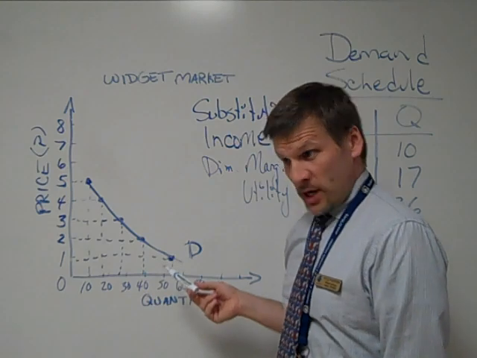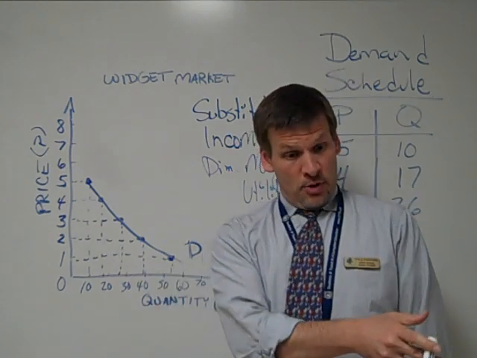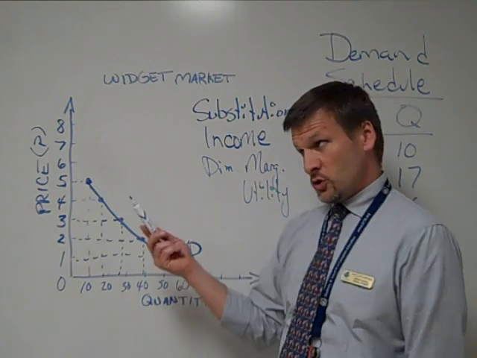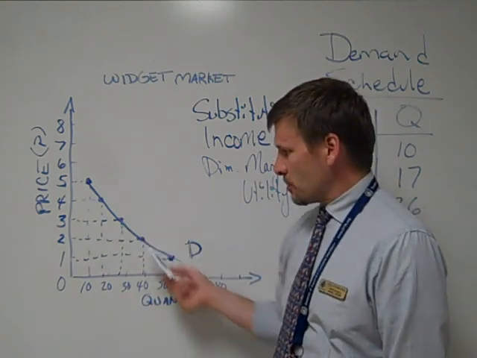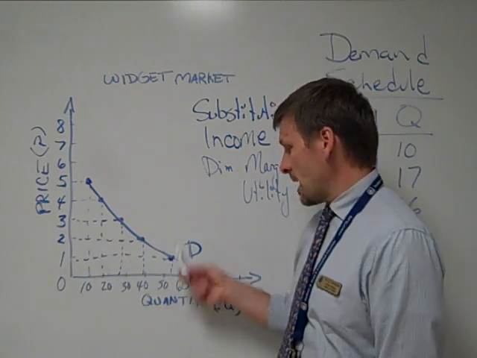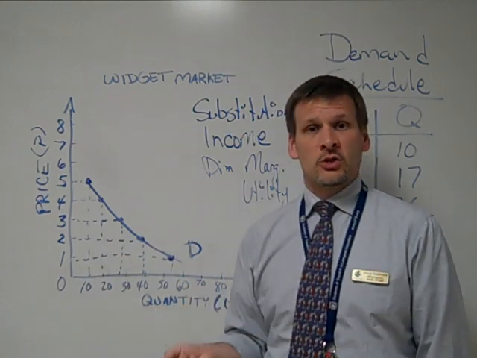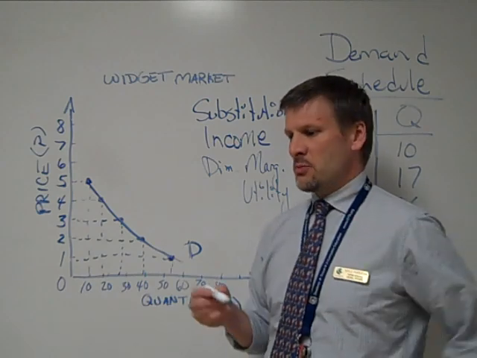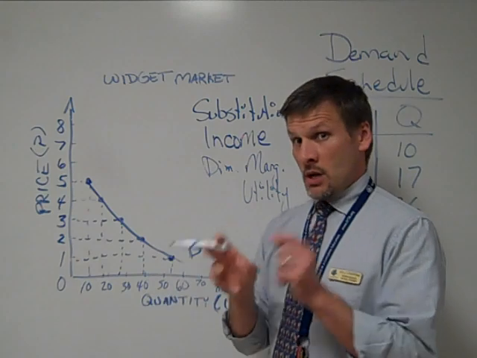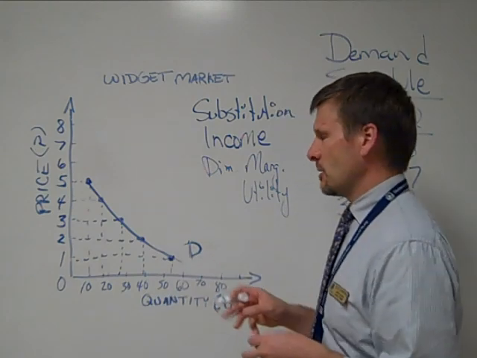When the price comes down on Trix, people stop consuming so much Fruit Loops and buy Trix instead. So for Trix, this produces a low price, high quantity demanded combination. Substitution effect: people can substitute in or out if they can do it. And not all goods have a decent substitute.